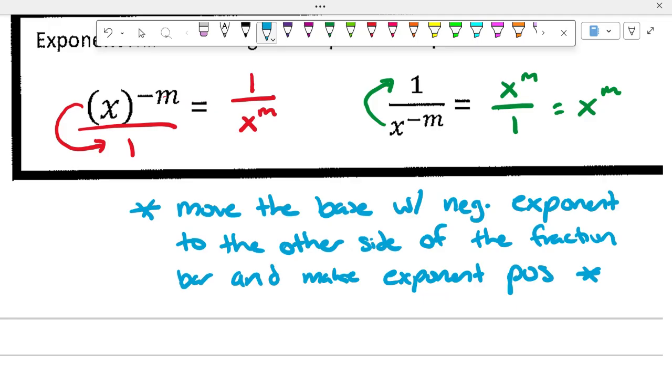So that's kind of in words what you would do with the exponent rules. Regardless of whether it's in the numerator or the denominator, you're going to take that entire base with the exponent included and move it to the other side of the fraction bar. So if it's originally in the numerator, you move it to the denominator. If it's originally in the denominator, you move it to the numerator. And once you move it, you can make the exponent positive. That's the big thing. You make the exponent positive by doing that.